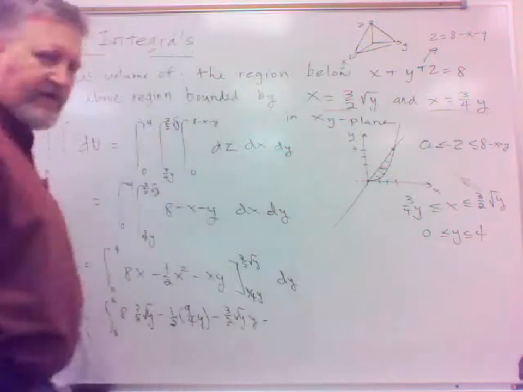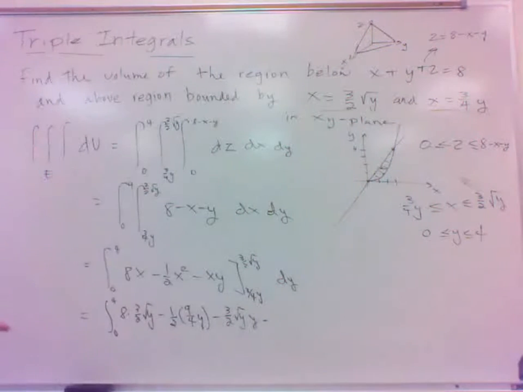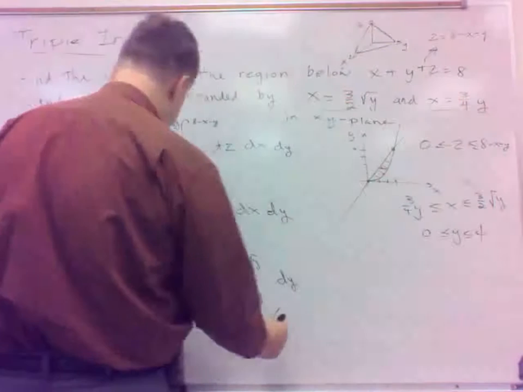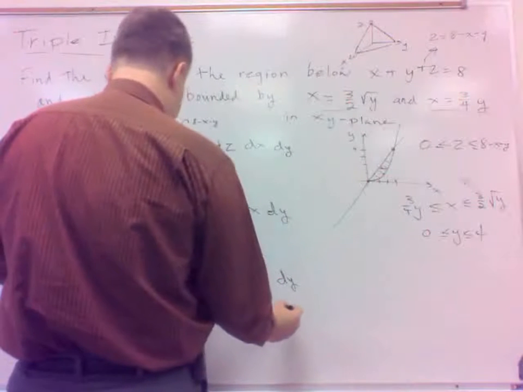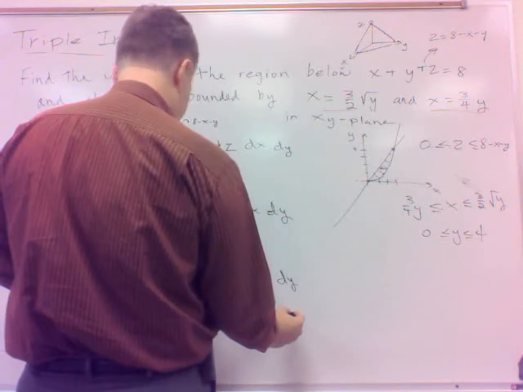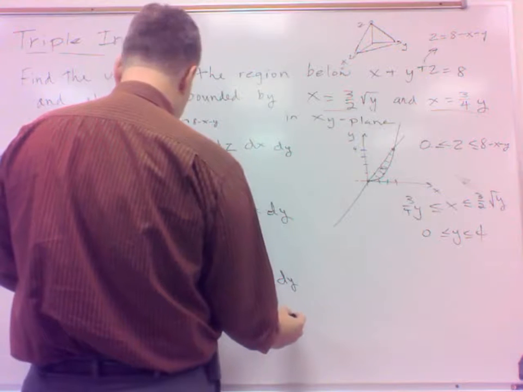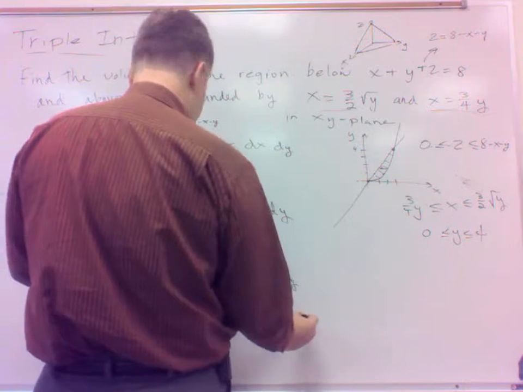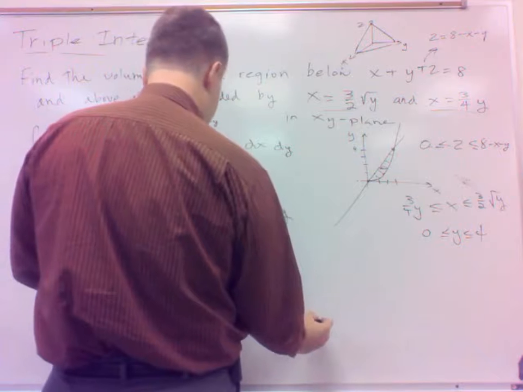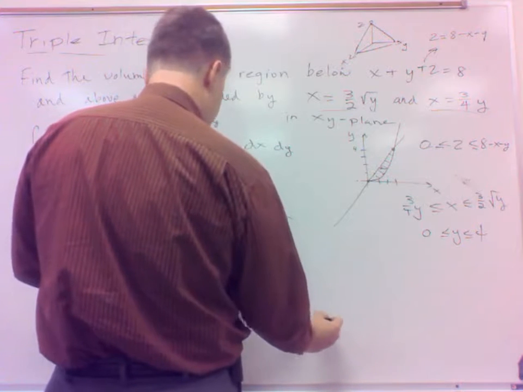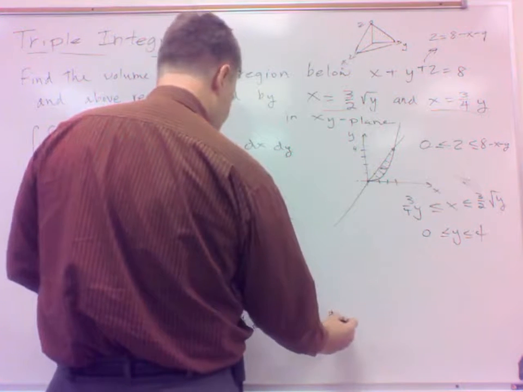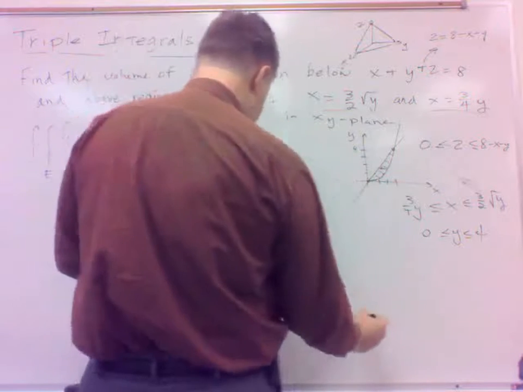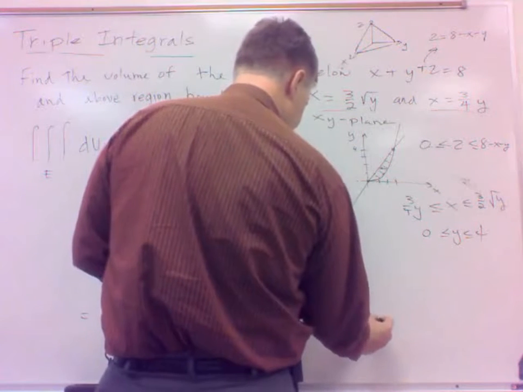And unfortunately, we've got to do the minus part on this one. So that would be 8. Oh, it's going to cancel out? All right. Okay, so that would be 8 times 3/4 y, that would be 6y. And then minus 1/2 times 9/4 y squared. And then minus 3/4 y times y, so it'd be 3/4 y squared.